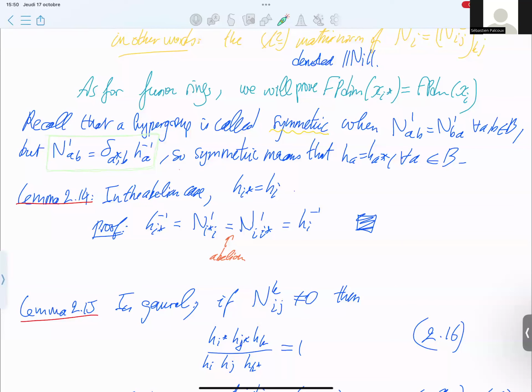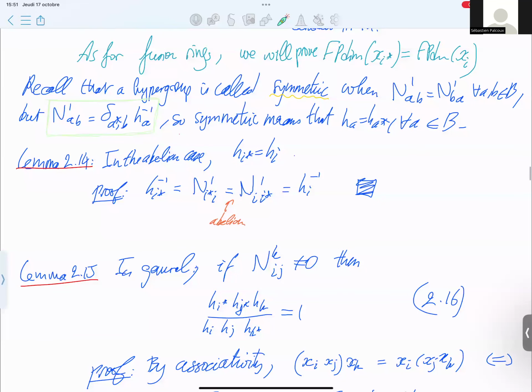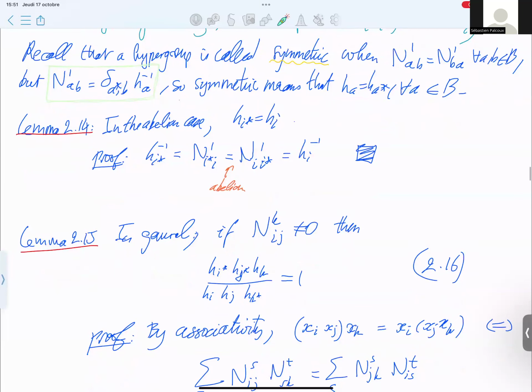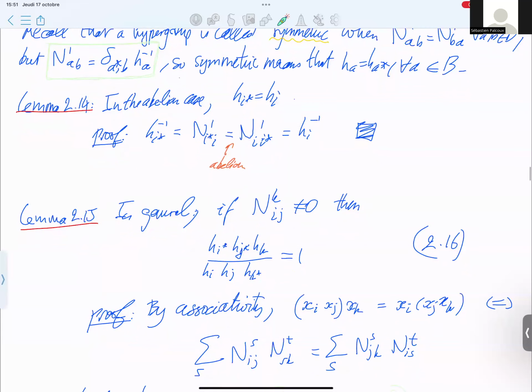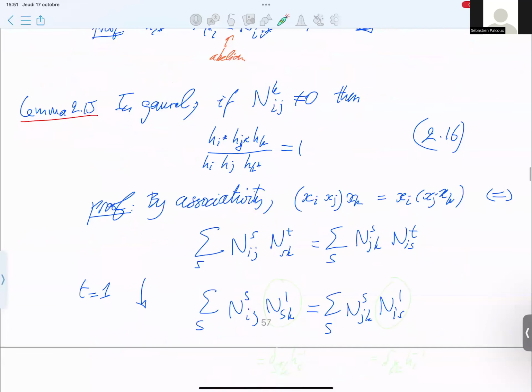Maybe you can define some infinite dimensional hypergroup, but here it's already finite dimensional. I guess any finite dimensional hypergroup is symmetric. I don't think there is an extra assumption, but we will see that soon. So any finite dimensional hypergroup is a symmetric Frobenius algebra, in some sense. In particular, any fusion ring is a symmetric Frobenius algebra.